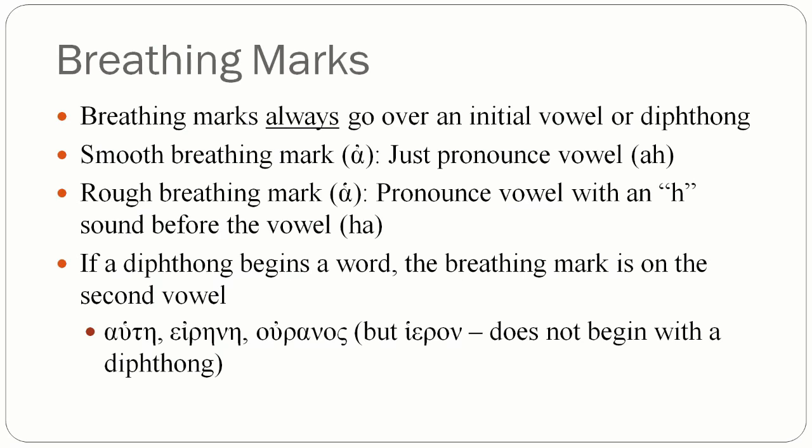So rough breathing mark, he, ron. Hieron. Word for temple. All right, so that is the breathing marks. Again, those will always appear over the initial vowel or diphthong if a word begins with one of those, okay, a vowel or a diphthong.